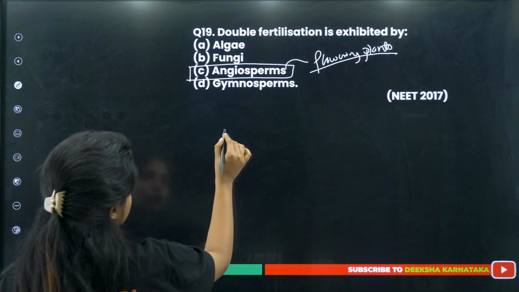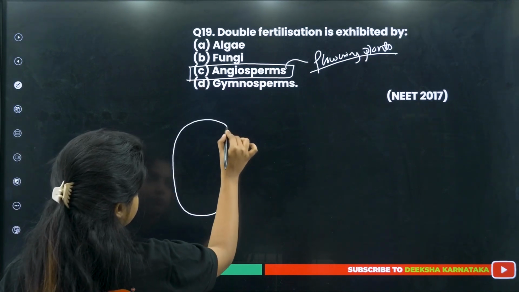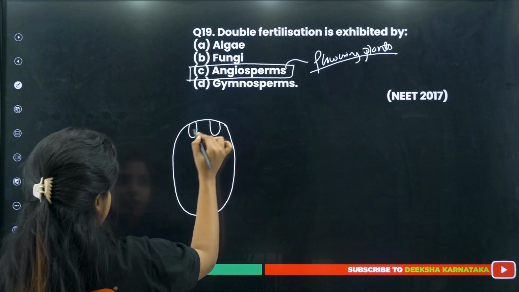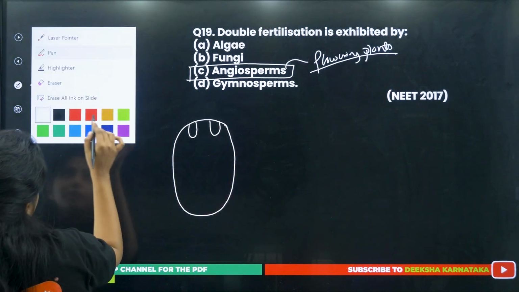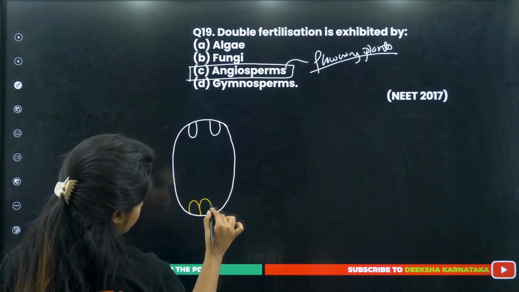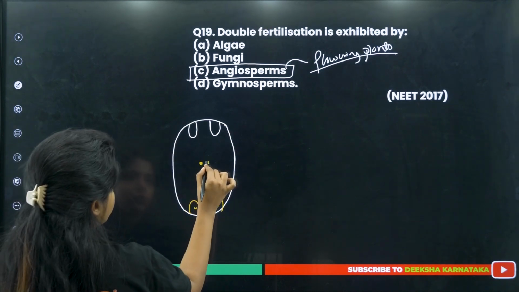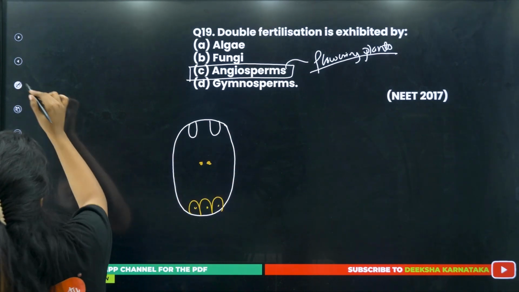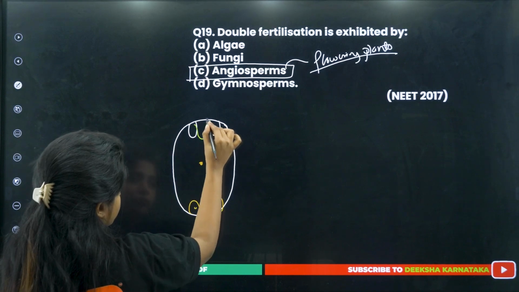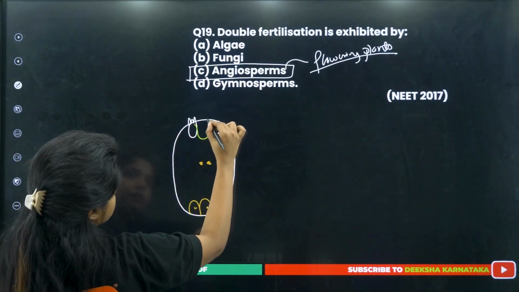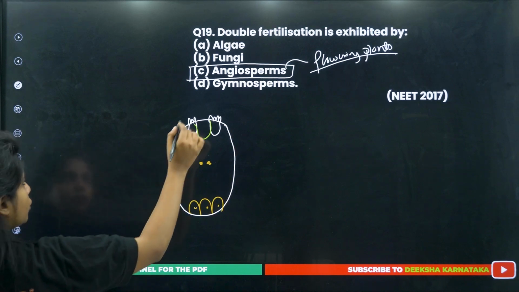Basically, if I assume that this is the ovule, the embryo sac, and we have 2 cells over here, that is the synergids, okay, and we have 3 cells over here, that is the antipodals, and you have 2 free nuclei over here, which is the part of the central cell, and I have the female gamete over here, and the synergid is having filiform apparatus, okay, and the pollen tube is coming.